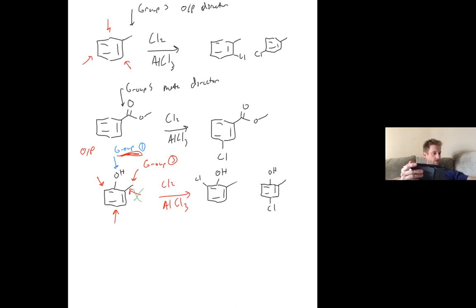All right, we are going to talk through a whole bunch of reactions that use all of these principles. We'll do a couple of them, take a break, and then go back and do some more. So we did chlorination. We can also brominate. Brominations will be very similar to chlorination.